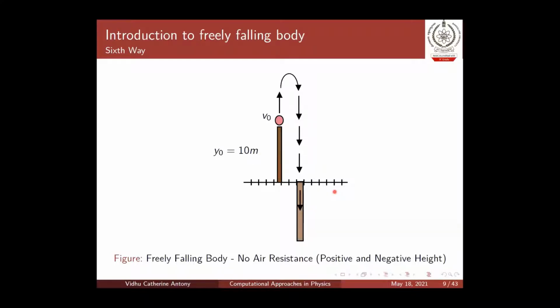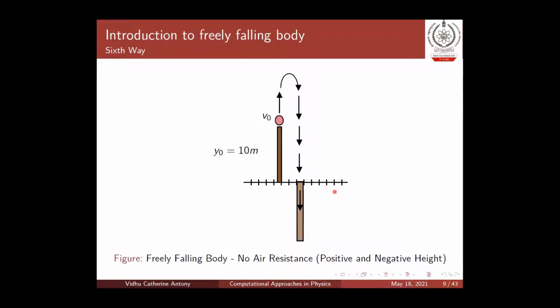You put some amount of thrust, it goes up, comes down to the ground level, and from there goes further down into the tunnel. I hope you don't get confused with this. There are 6 different ways you can set up this problem. Everything is just free fall, but there are 6 different ways to set it up.